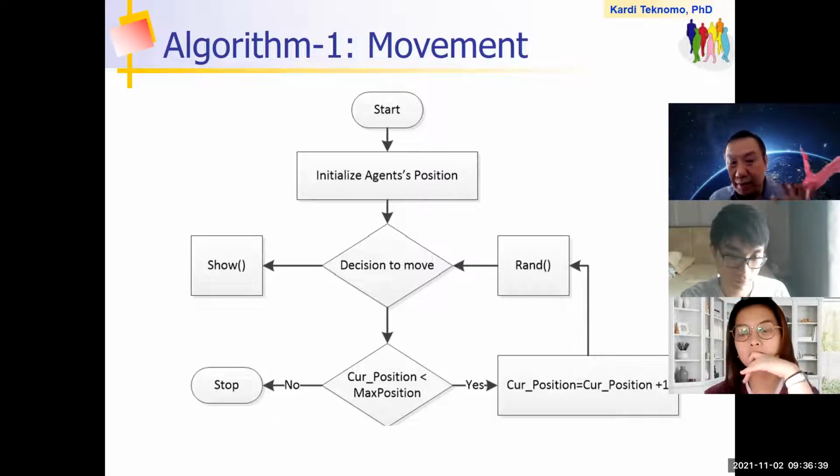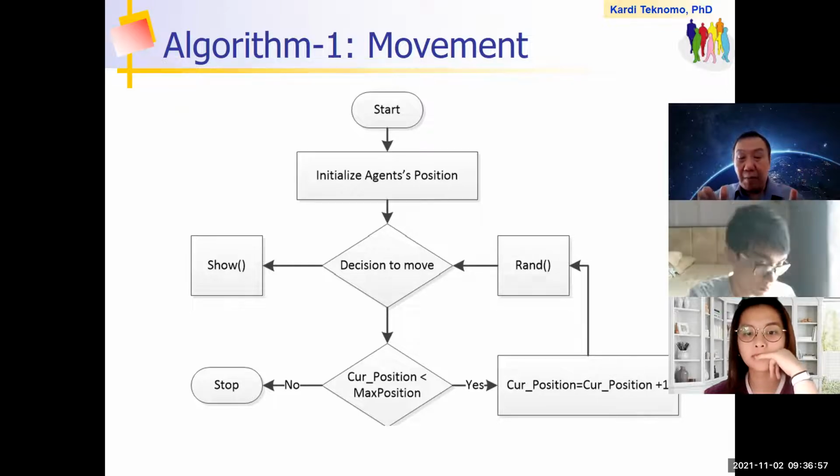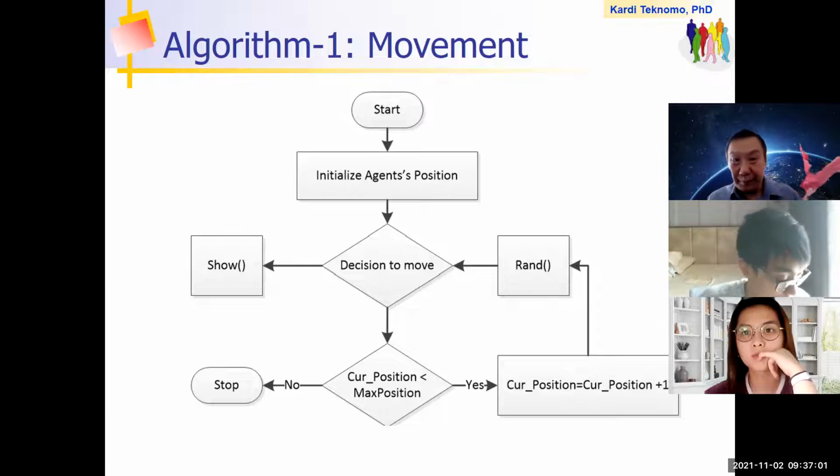If the current position is less than the maximum position, then current position plus 1, and then you generate a random number again for the decision to move. If the current position is equal to the maximum position or larger, then stop. So the algorithm is simple.